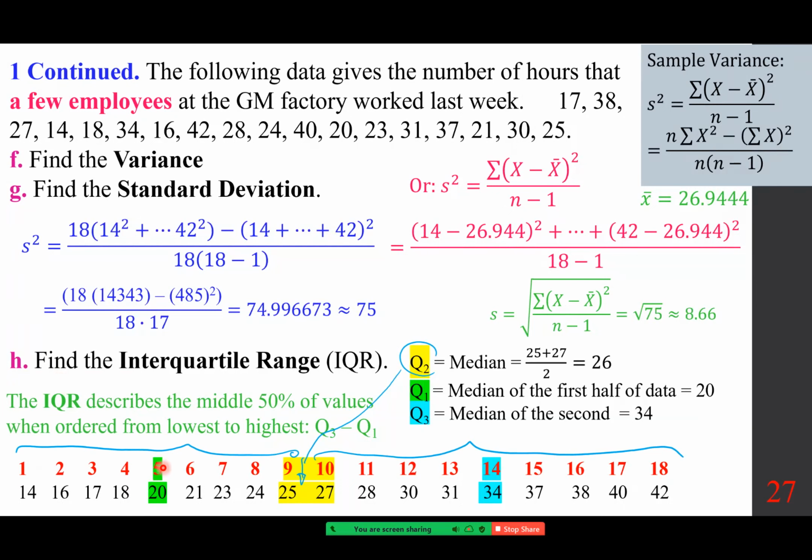So Q sub 1 is the 5th piece of data, which is 20. Here's the median between the two divided by 2. And the 14th piece of data, 34. Now, what is IQR? Q sub 3 minus Q sub 1. And that difference is 14.